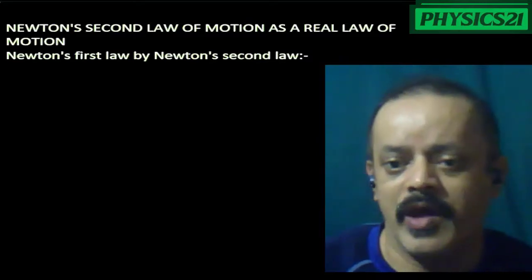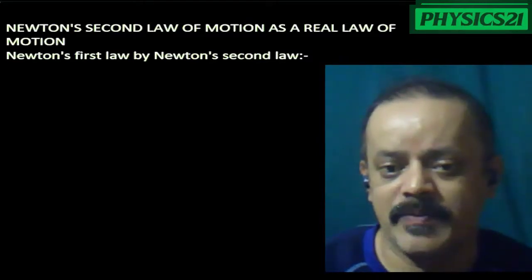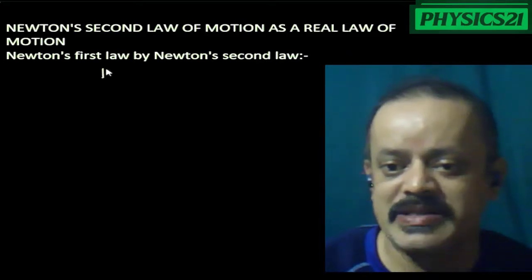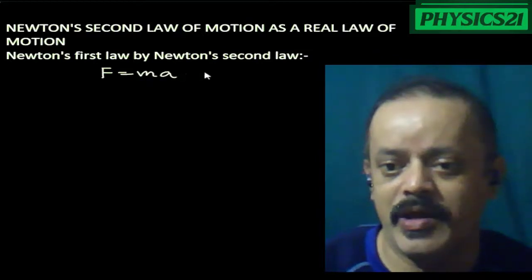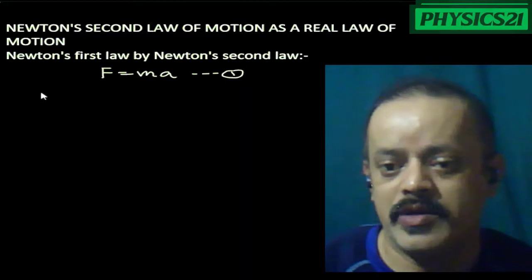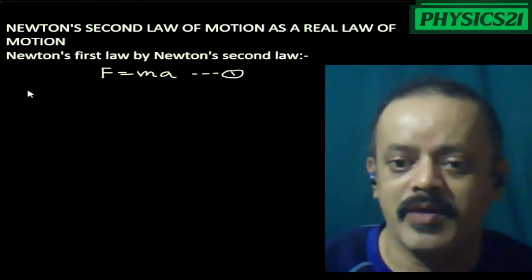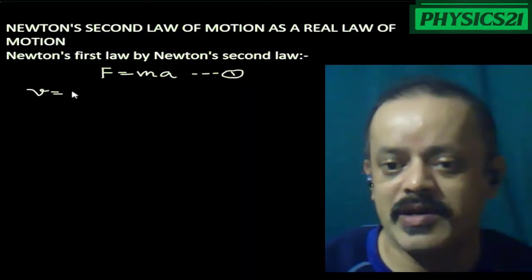As we know, from Newton's second law of motion, force F is equal to ma. Let this be equation 1. Using the equation of motion, we can write v = u + at.